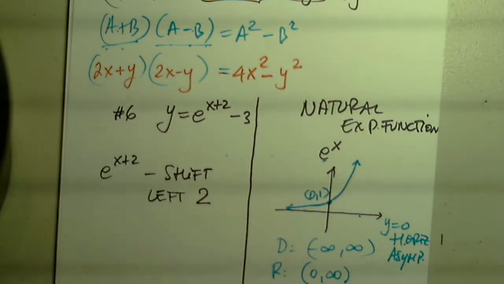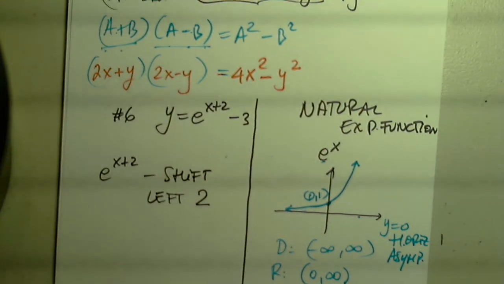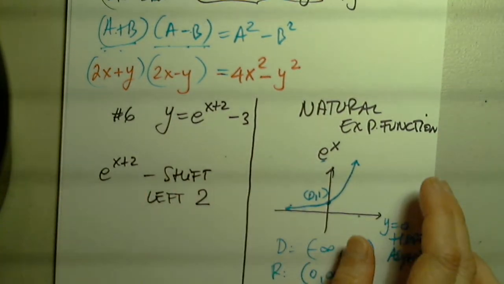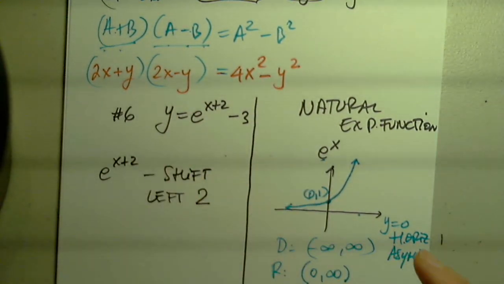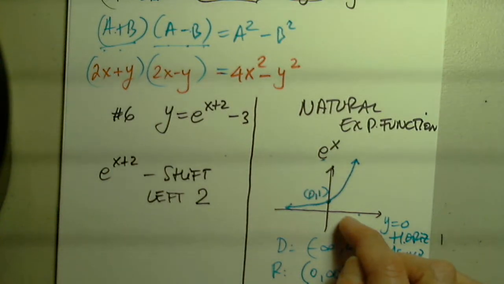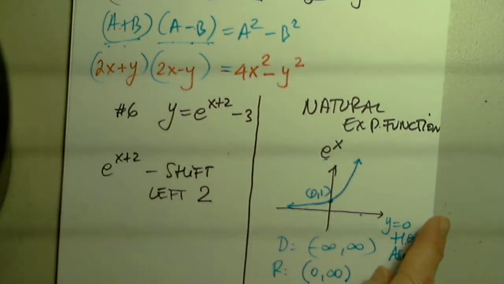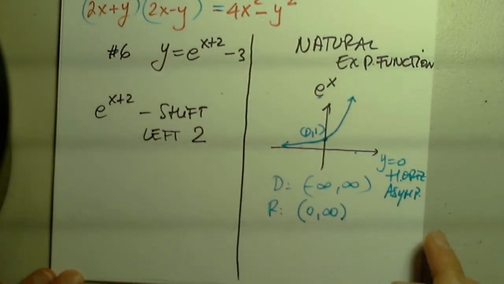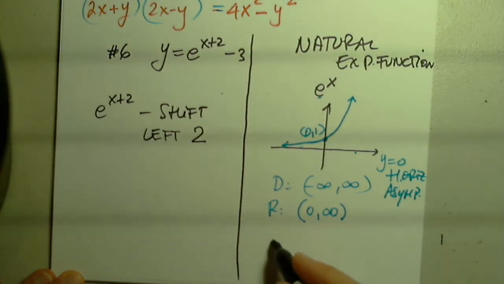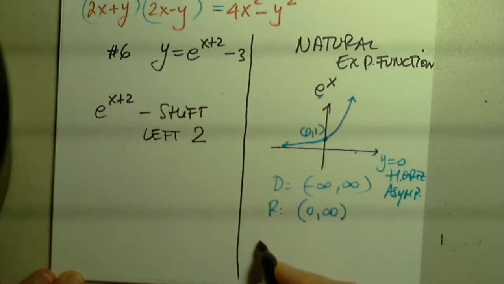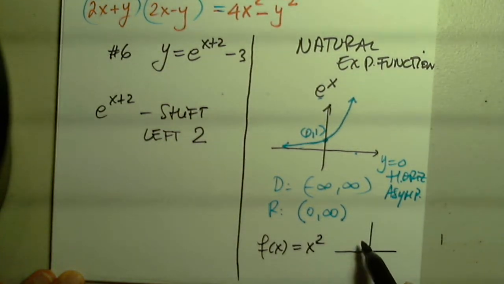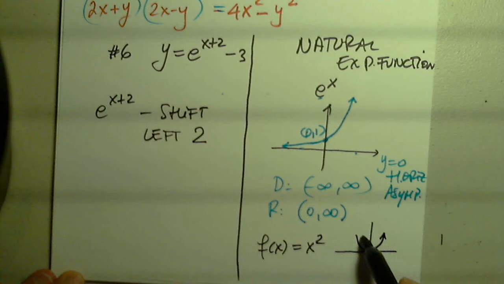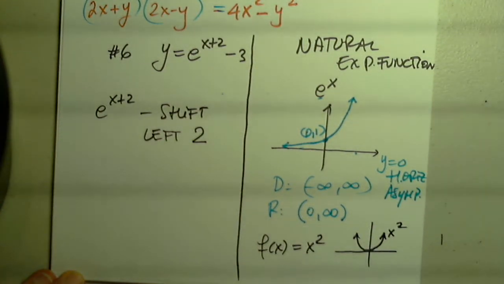How do we know that? Well, in general, I don't like telling my students, memorize this, memorize that. I need to explain. But for this function, it's slightly more difficult to explain why it goes to the left than to the right. But I can explain quickly on, let's say, x squared. So we know that this function looks like this. This is our x squared.